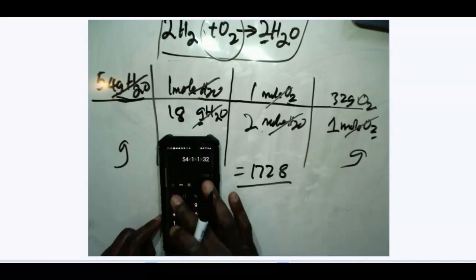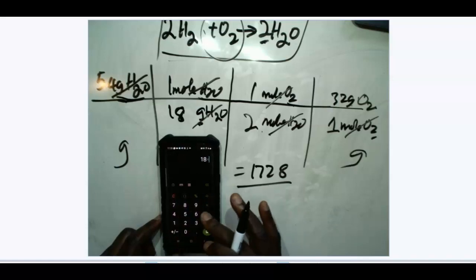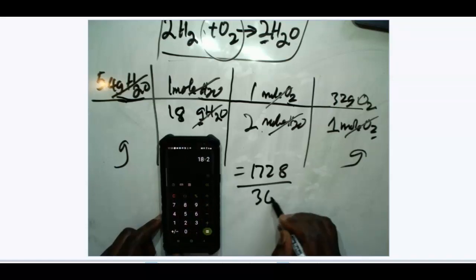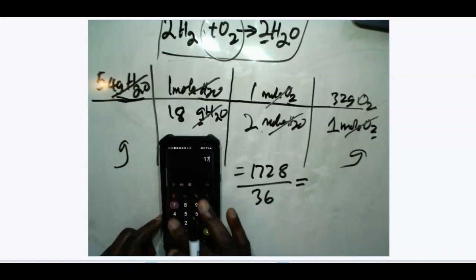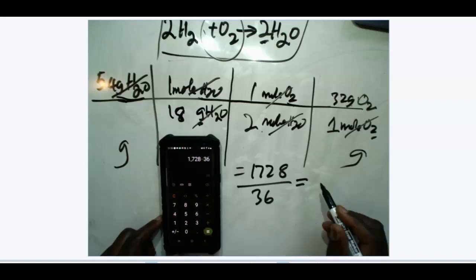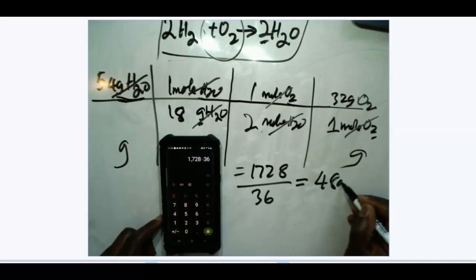Divide by 18 times 2, which is 36. 1728 divided by 36 will give me 48 grams of oxygen.